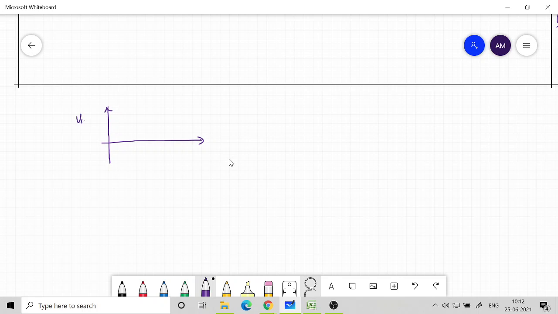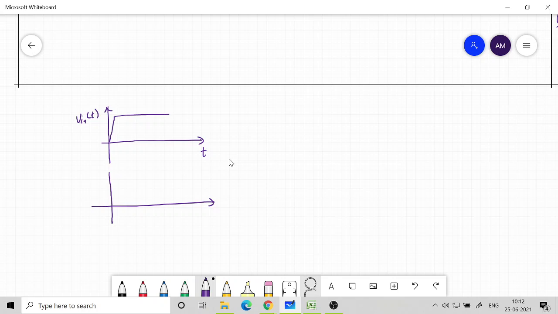So this is V in of t. V in may change to VDD in some amount of time. There could be a delay also for the input waveform, and then we look for how the output changes.